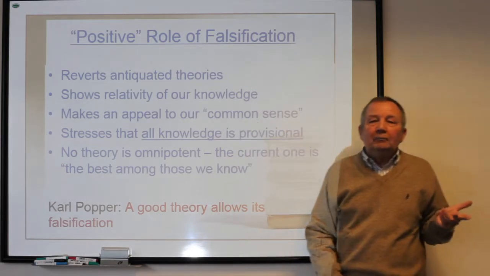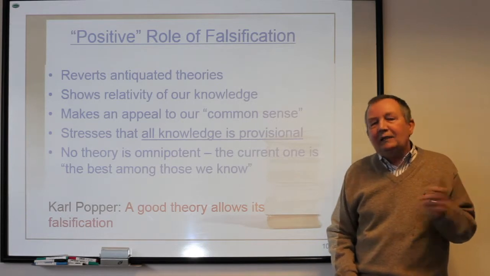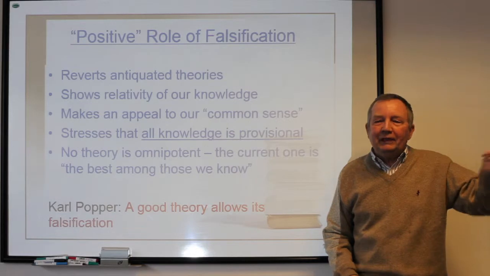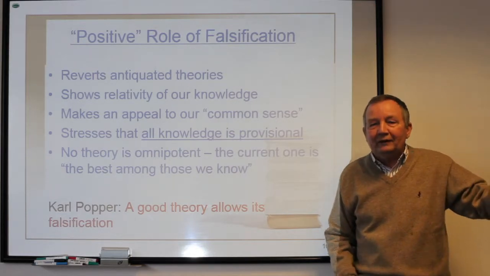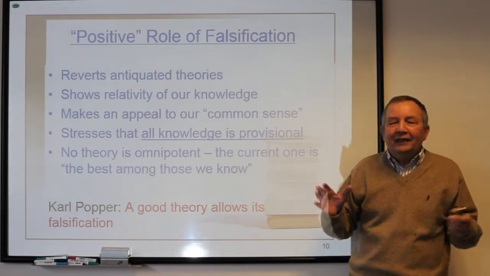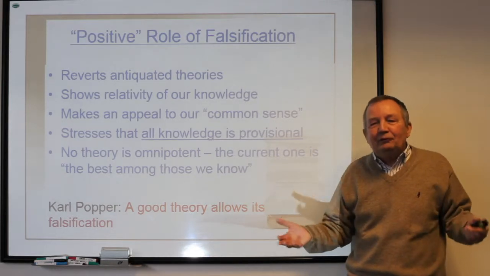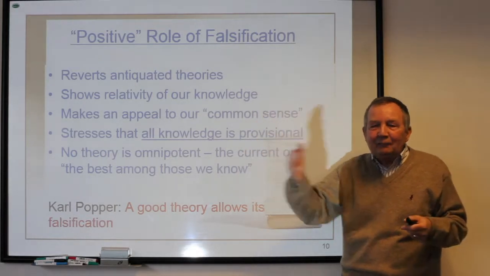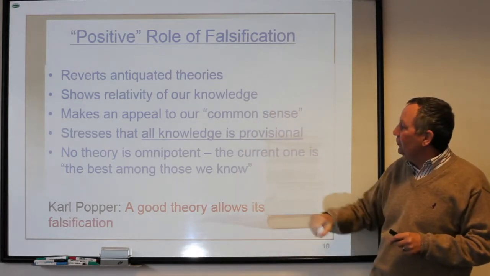And it also makes an appeal to our common sense in both sides, positive and negative. On the positive side, we may be happy that we now know more. And on the negative, we start considering, is it important to learn if there will be something new? So there are possibilities to take it from two sides.